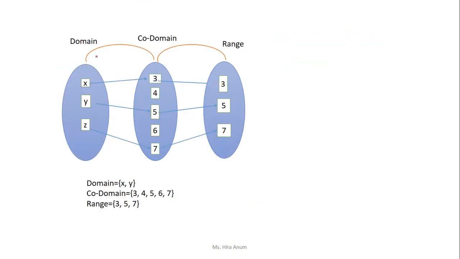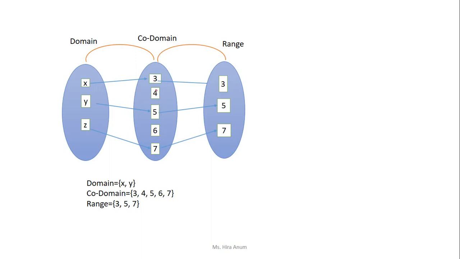Here we have some more definitions about codomain and functions. If we take the value of x, it gives 3, we take y, it gives 5, we take z, it gives 7. But here we see we have 3, 4, 5, 6, 7.